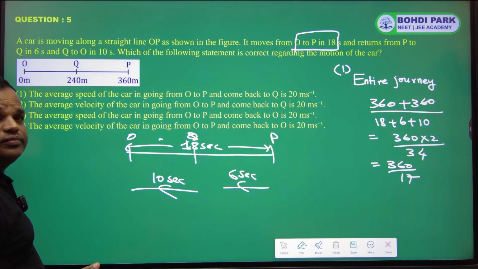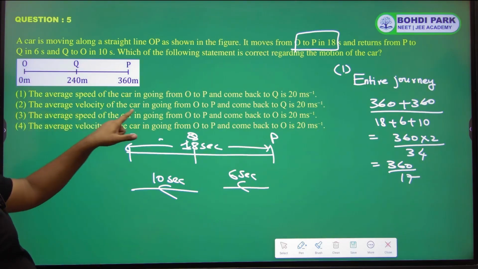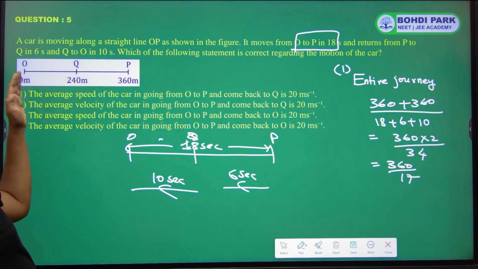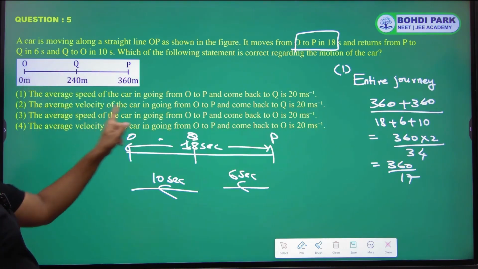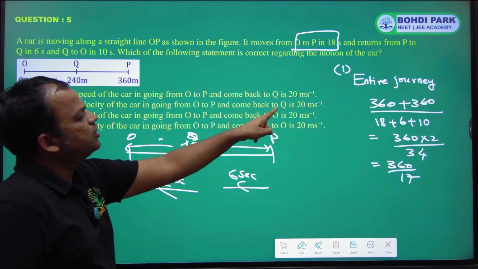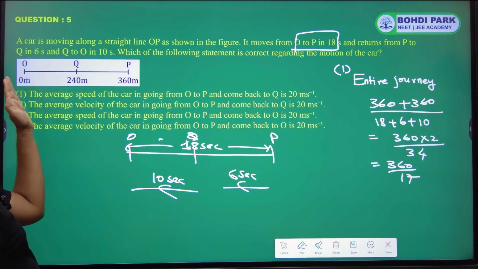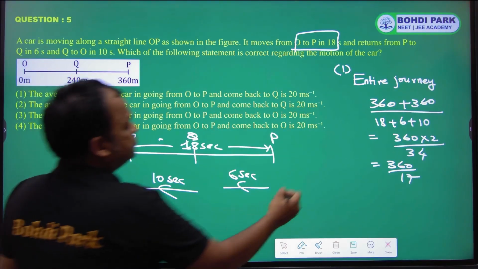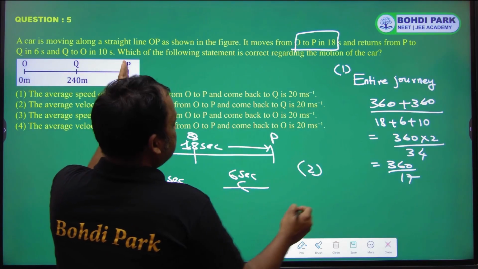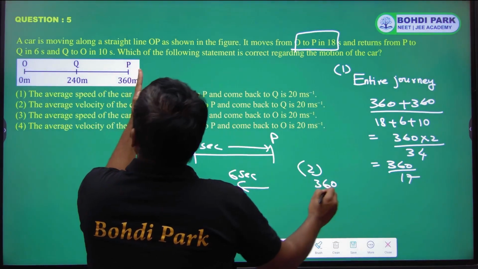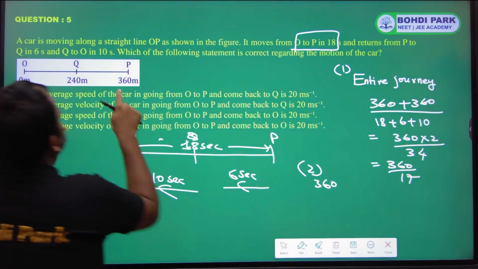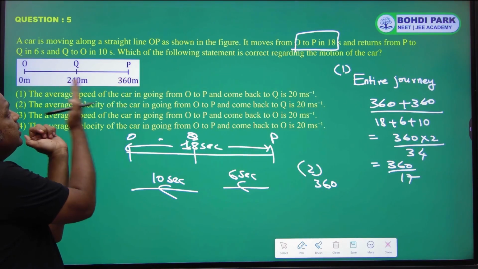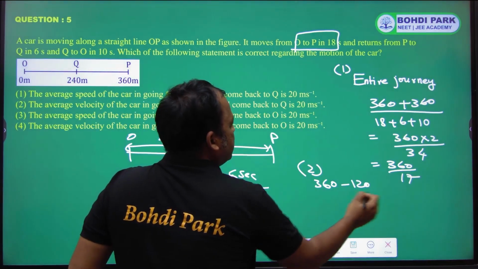So the first is wrong. Now, average velocity of the car going from O to P and coming back to O, going from O to P and P to Q is 20. So displacement: O to P displacement is 360, and then P to Q, check what the difference is. This difference is 120, so 120 left. So minus 120.